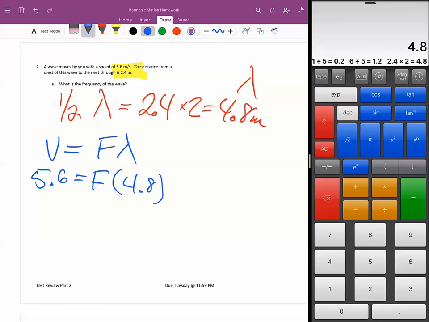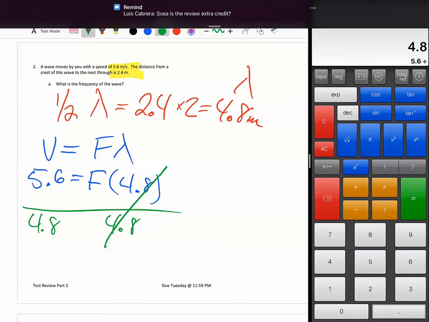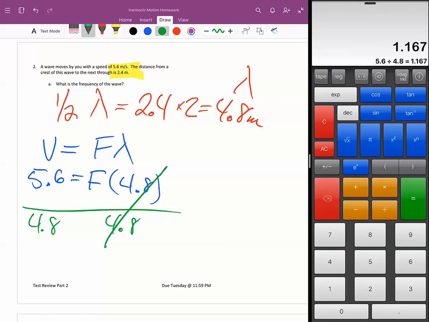Divide both sides by 4.8. So 5.6 divided by 4.8 equals 1.16. And these will be in hertz.